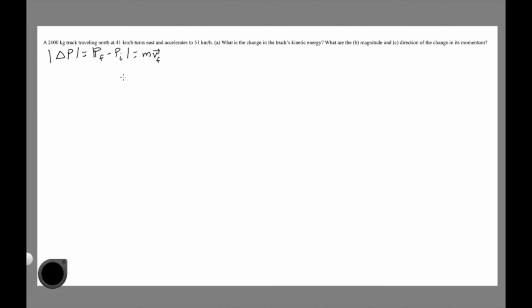And then we want to subtract the initial momentum, which is going to be the object's mass times its initial velocity. And we want to take the absolute value of that because we're looking for a magnitude.